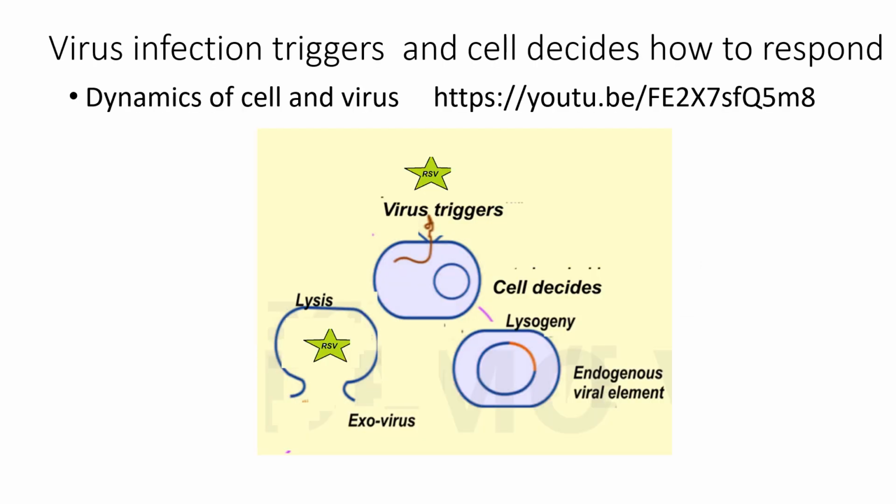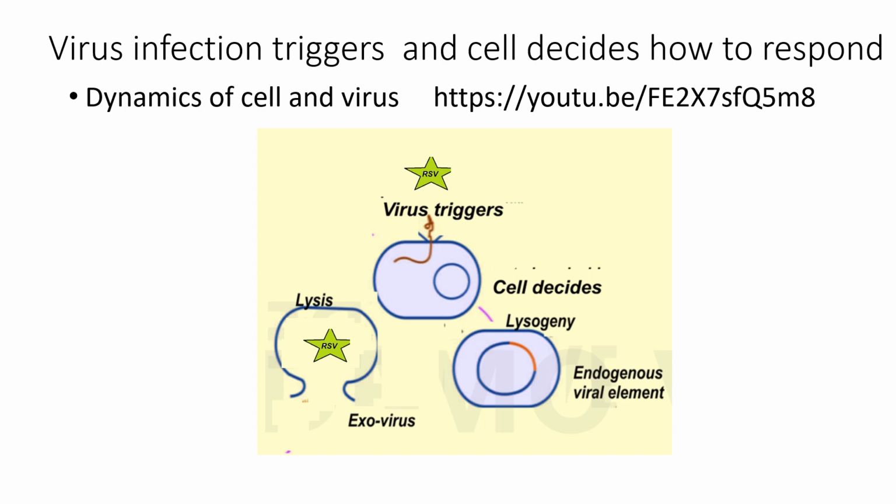So virus infection triggers, and the cell decides how to respond. This idea was presented in a previous presentation, Dynamics of Cell and Virus, and you can check the entire procedure there.